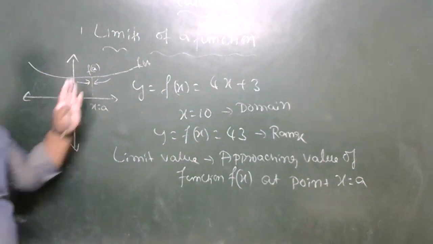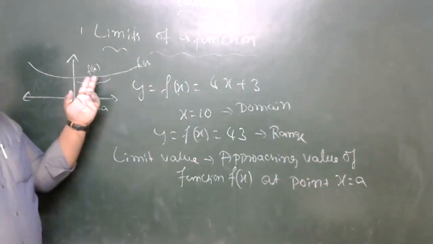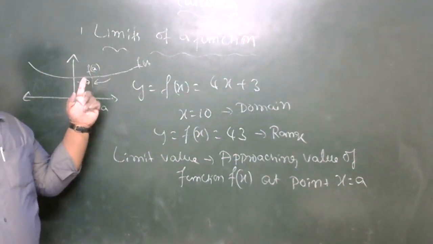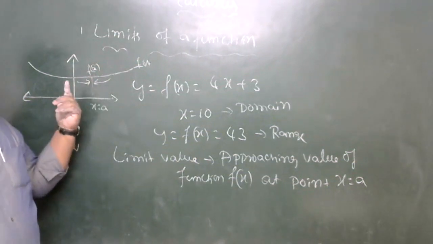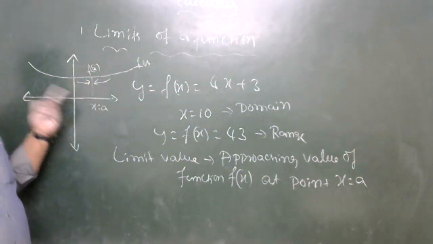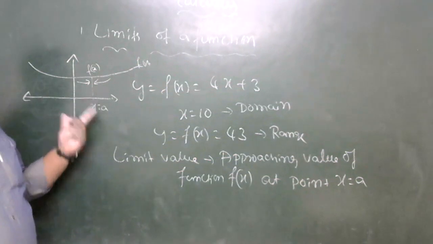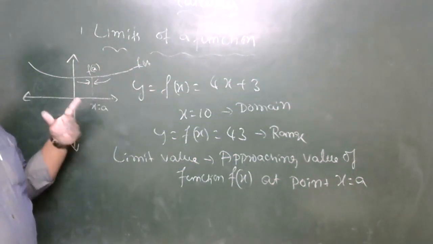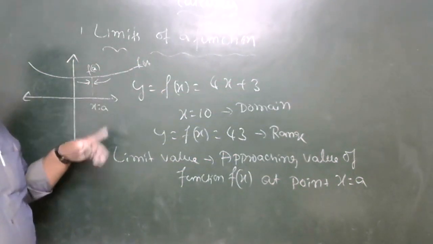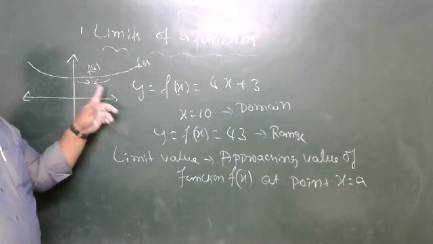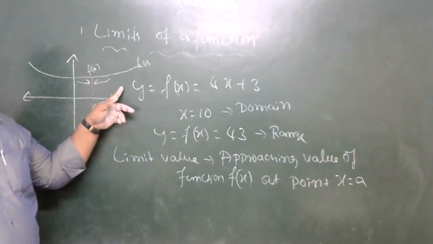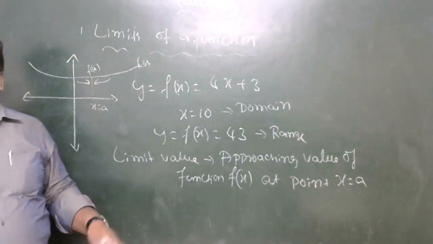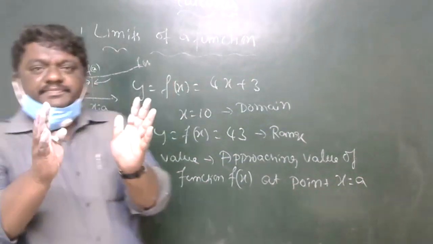How it approaches for the nearest values of a, for example 1: left side means you have to reduce the numbers 0.9, 0.8, 0.7, 0.6; how it is coming from right side 1.1, 1.2, 1.3, how the values are approaching.